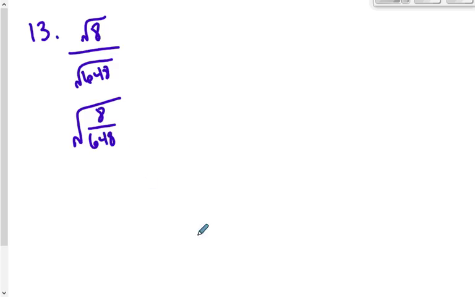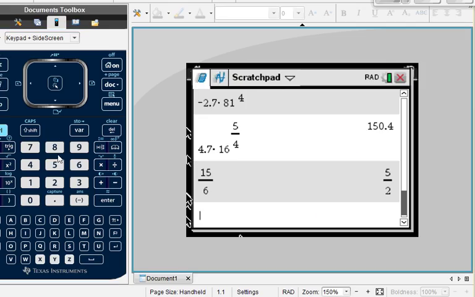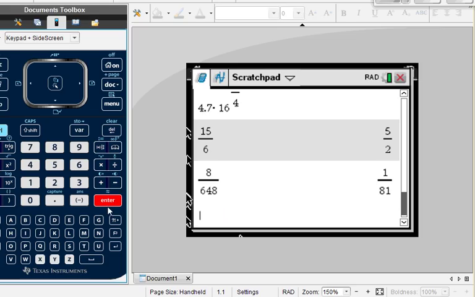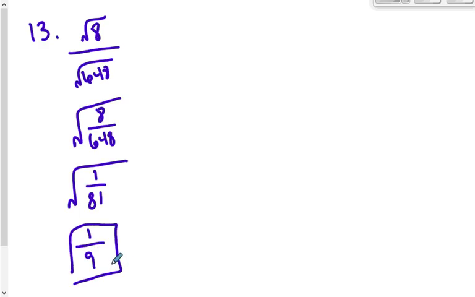Now let's see if we can reduce that fraction. So if I take 8 and divide by 648, I get 1 over 81. So now I have the square root of 1 over 81, which is what? What's the square root of 1? 1. Square root of 81? 9. Which is A.